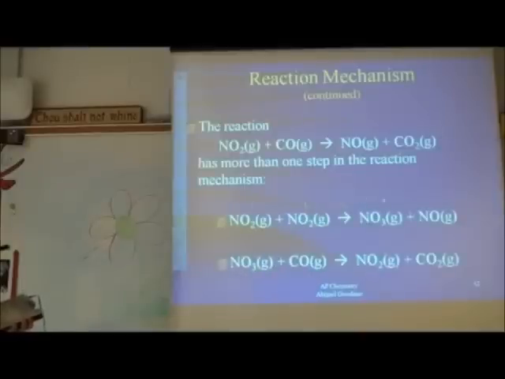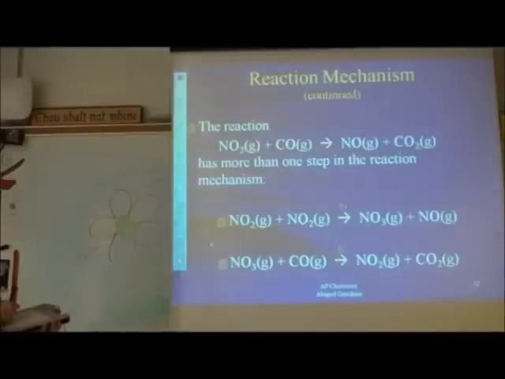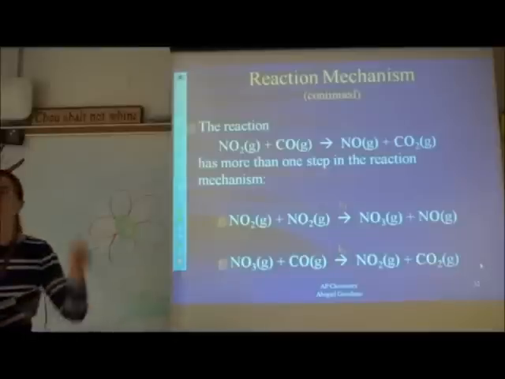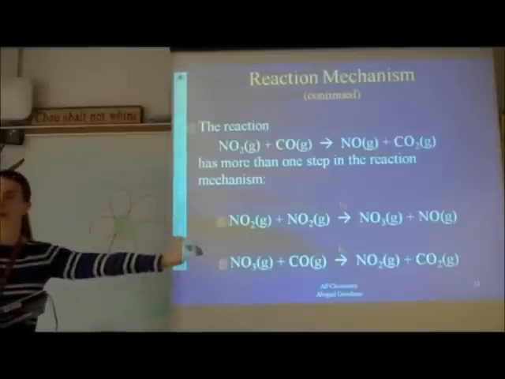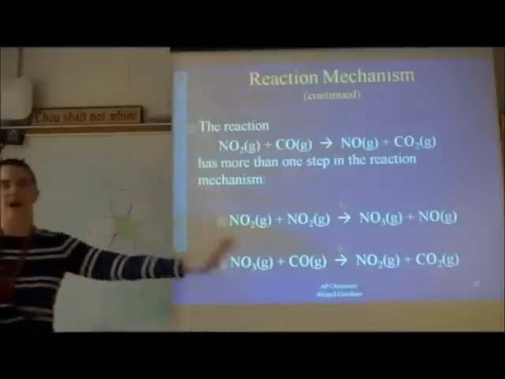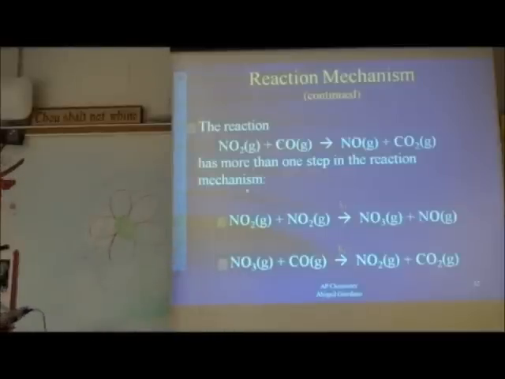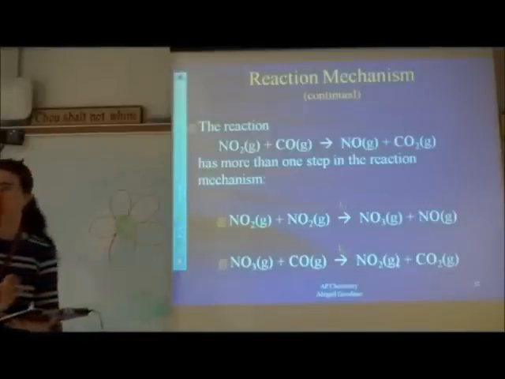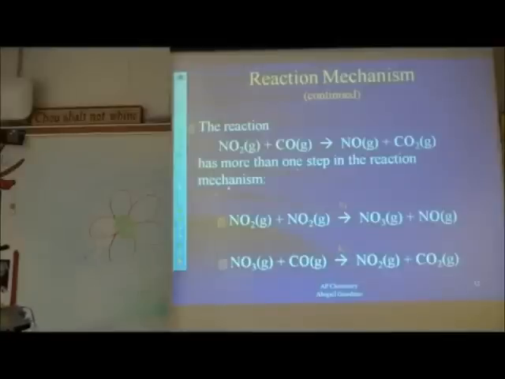This is what a reaction mechanism looks like. This would be a mechanism that occurs in 2 steps. To go from the original reactants to the final products, this reaction occurs in 2 steps. Now let's talk a little vocabulary here. These 2 put together are called a reaction mechanism.